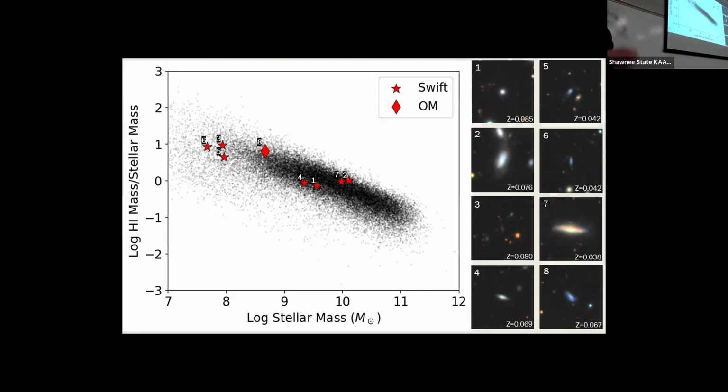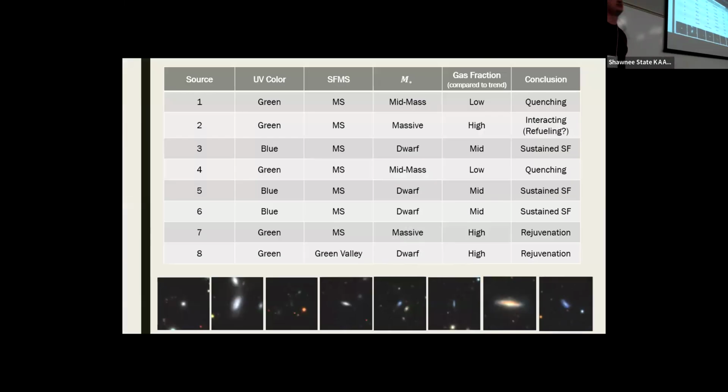And this is where I have my table. I apologize, I'm trying to summarize those 2 plots into a reasonable thought from this. So yes, I did not include numbers. If you want numbers, I do have a slide with numbers, but just a qualitative statement here. Most of the sources are relatively green, UV green, but the 3 low mass are actually quite blue.